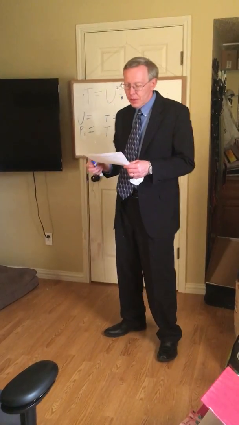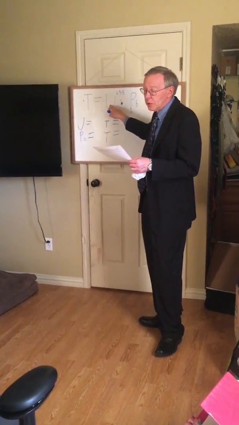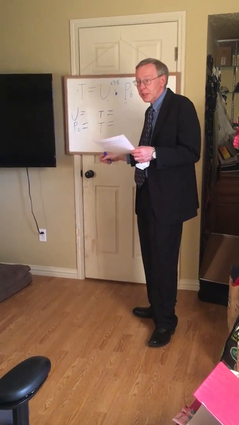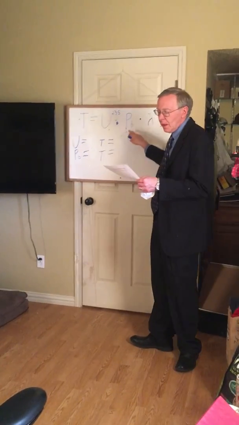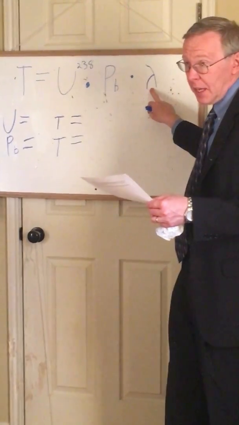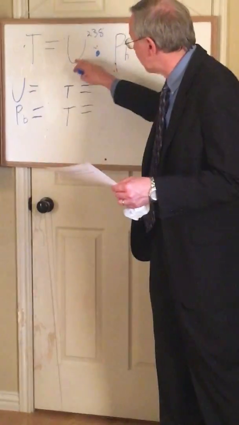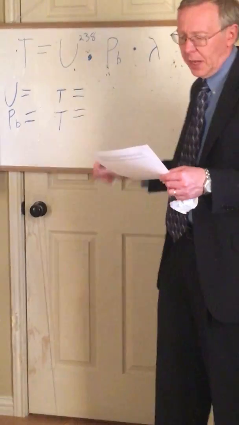Okay, you will remember that uranium-238 is an unstable isotope due to its extra neutrons, and it slowly breaks down into lead. The rate of its breakdown is known, and we use the symbol lambda to indicate the breakdown rate. In the case of uranium-238, we're going to use 10.